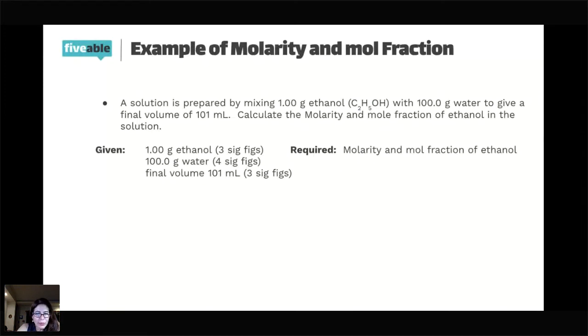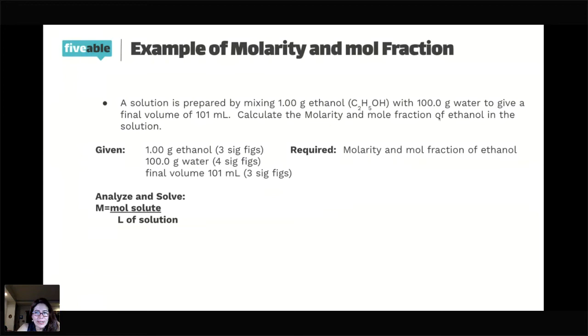What is the formula for molarity? Okay, the formula for molarity is moles of solute over liters of solution.